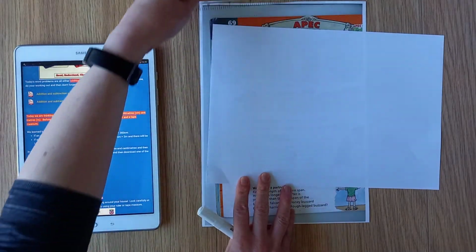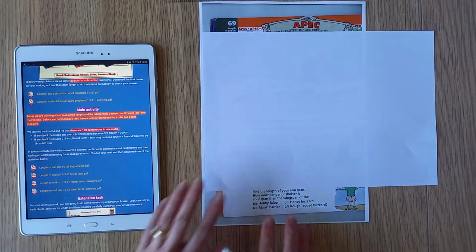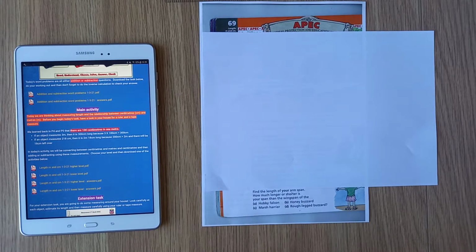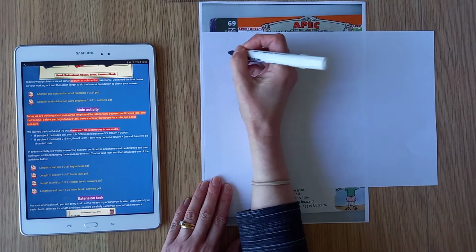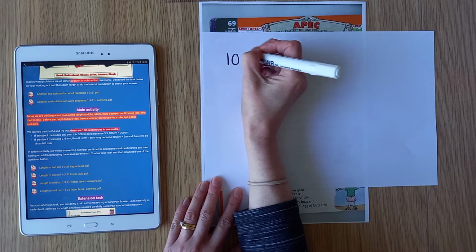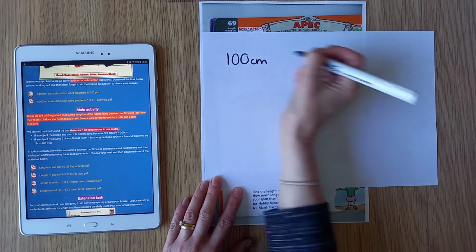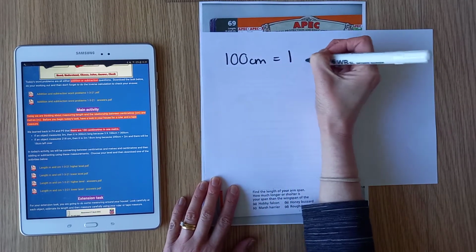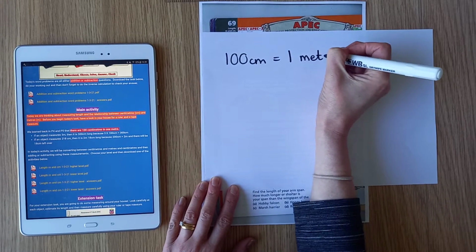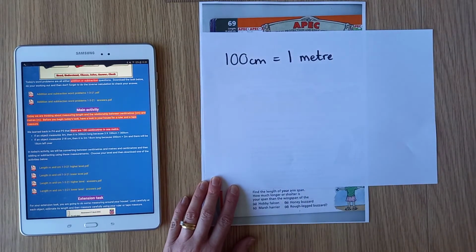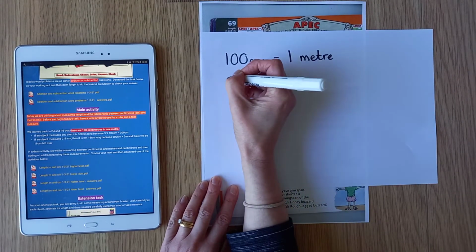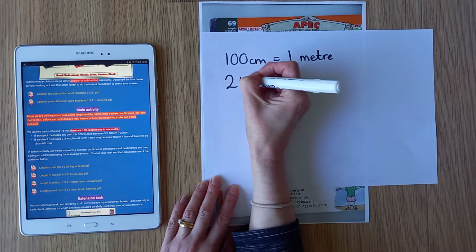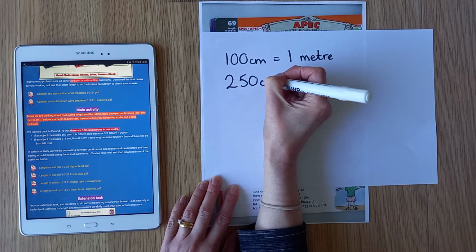Today, P6, we are going to be thinking about measuring using metres and centimetres. You, of course, will remember that if I have 100 centimetres, that is the same as 1 full metre. So if I had more than 100 centimetres, I could say that in different ways. Let's say I had 250 centimetres.